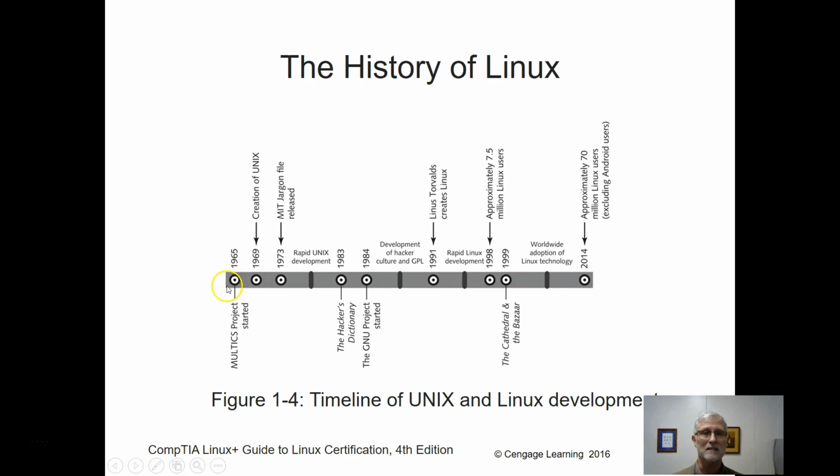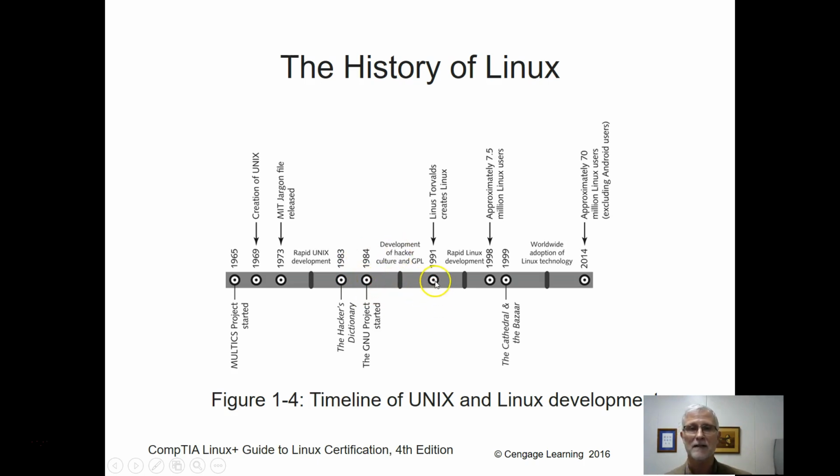A little bit of a history of Linux. It started back in the mid-60s, when the Multics project started. In 1969, AT&T Bell Labs invented Unix. There was a lot of rapid development all the way through the mid-80s and into the early 90s.